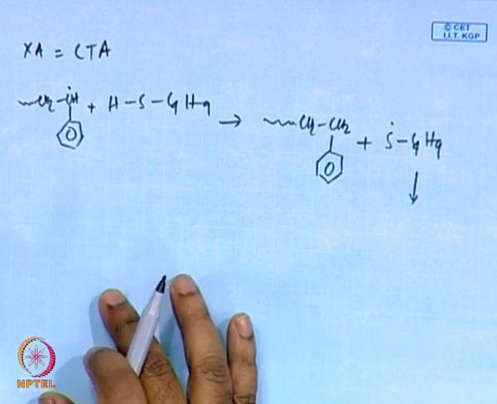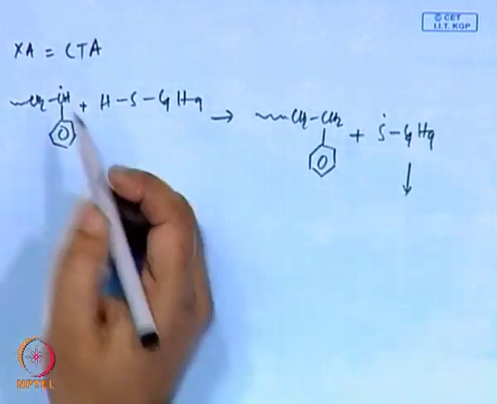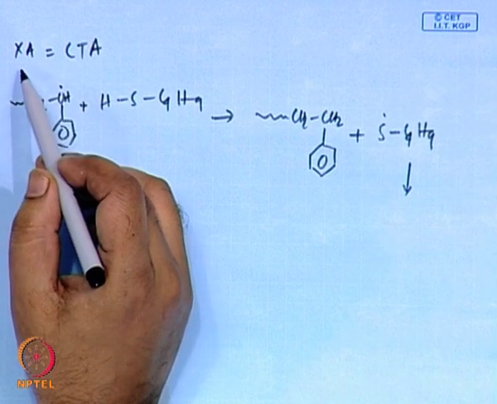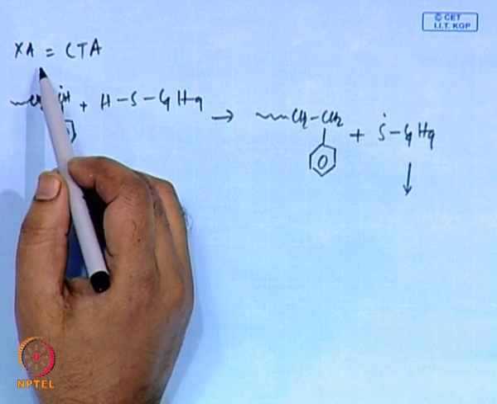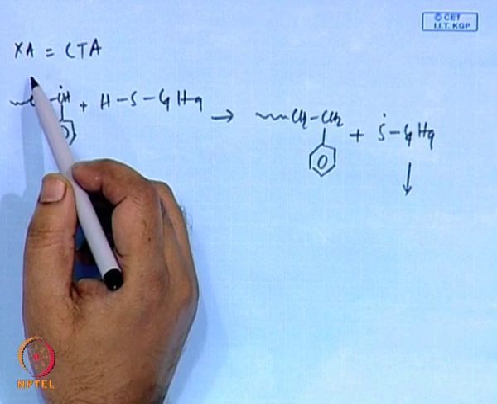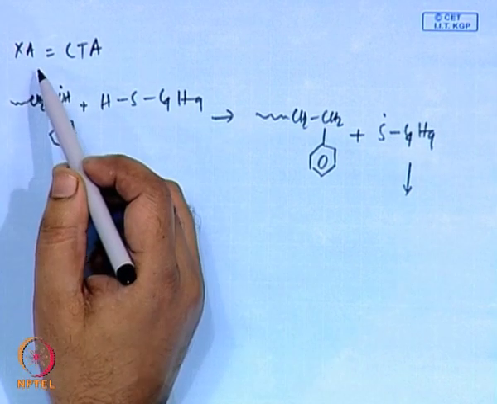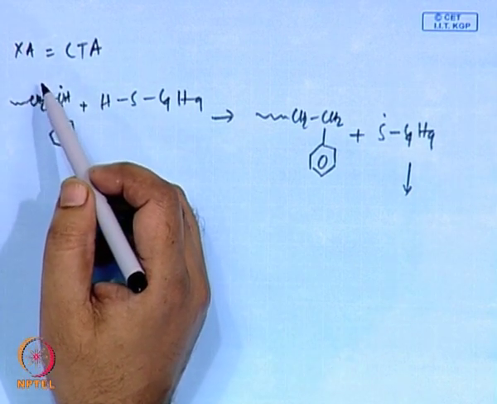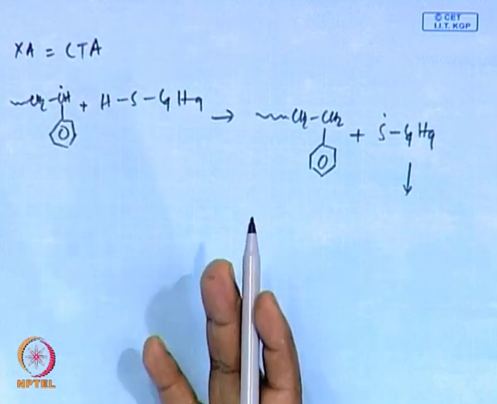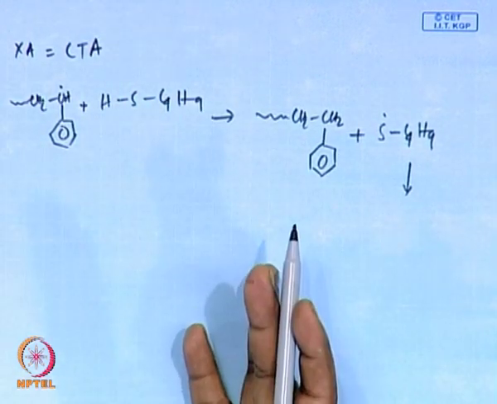So, what we just learned are chain transfer reactions and the different types of chain transfer agent that could be possible. It could be initiator, monomer, a transfer agent, or solvent.